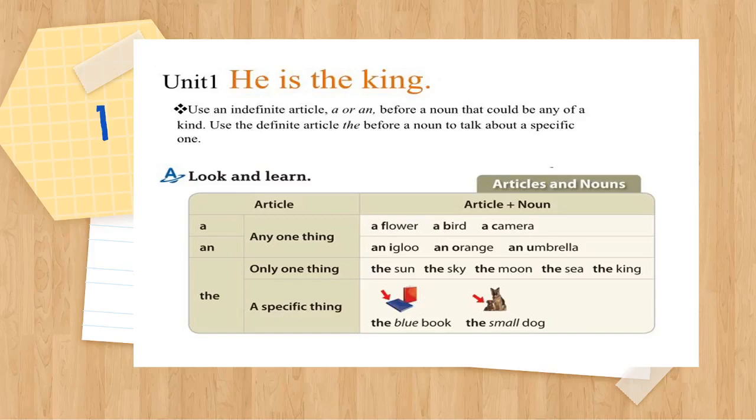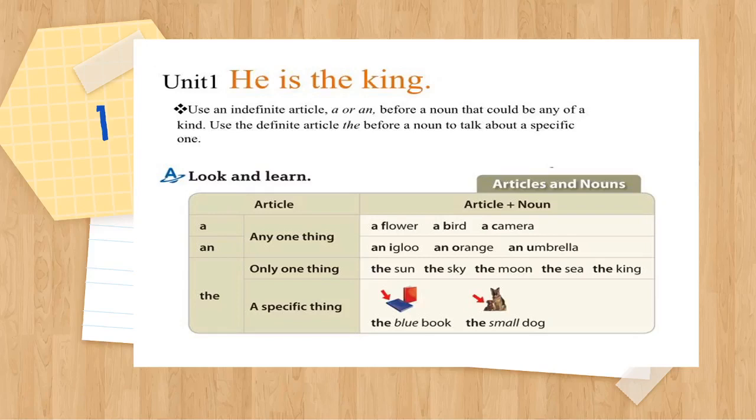Use the indefinite article a or an before a noun that could be any of a kind. Use the definite article the before a noun to talk about a specific one. As you know already, we have a, an, and one more, the.